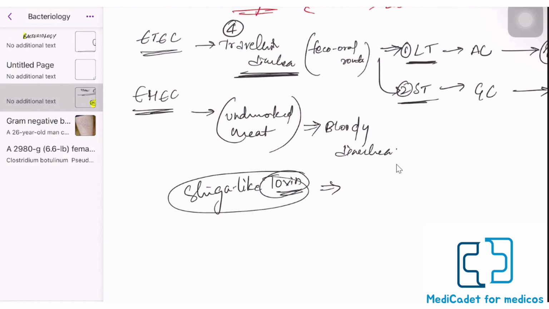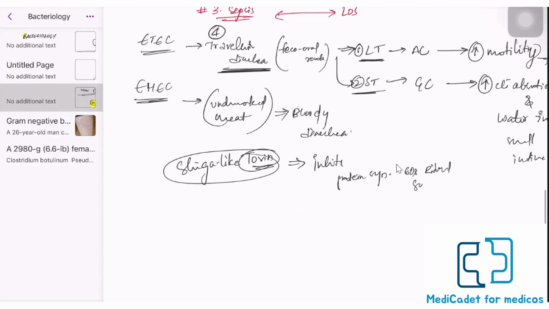What this toxin does is it inhibits protein synthesis by interfering with the 60S ribosomal subunit. So when it inhibits protein synthesis, what will happen? The mucosal cells will die, which will cause the bloody diarrhea. So they'll have the diarrhea, and they'll have blood in the diarrhea as well.